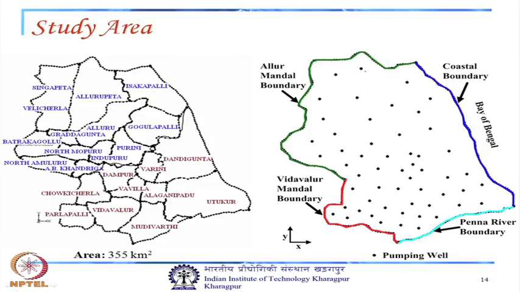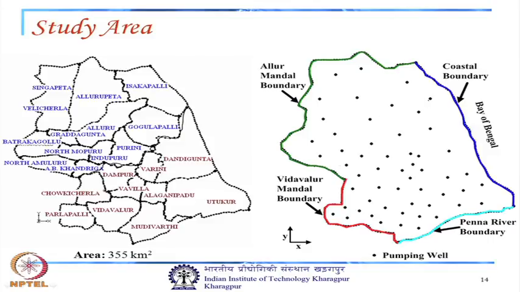To model this kind of coastal aquifer region, basically it has one coastal boundary, that is the Bay of Bengal, one is the Penner River boundary, and another two boundaries are political boundaries, that is Alur Mandal boundary and Vidavalur Mandal boundary, and these black dots indicate the location of pumping wells.